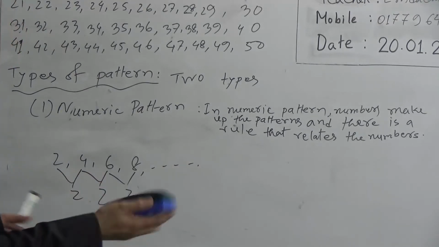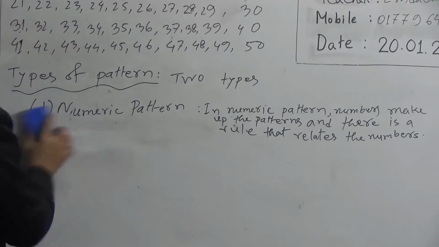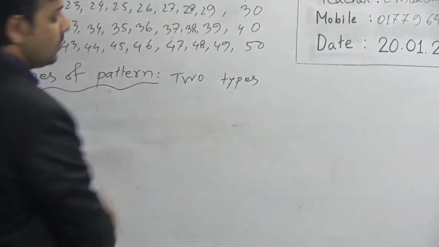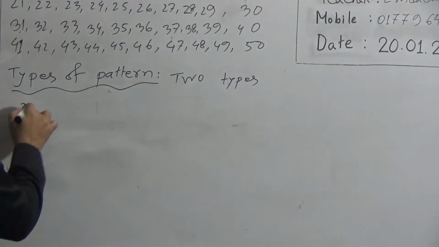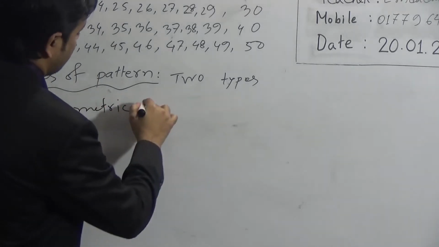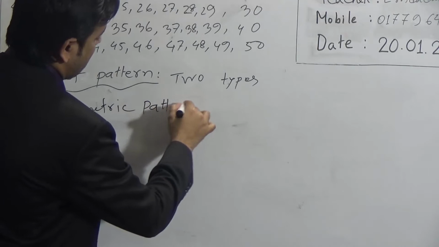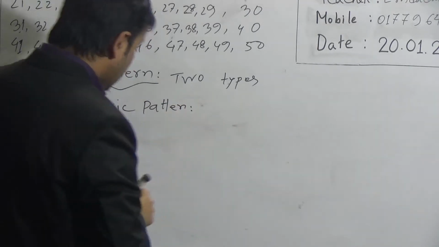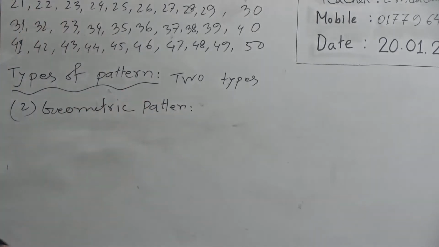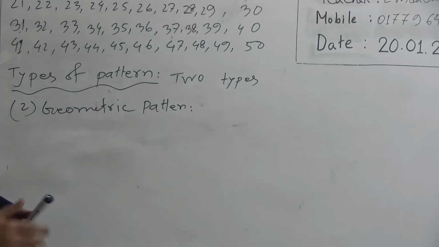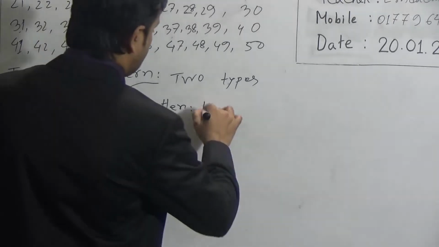Now see the geometric pattern. What is geometric pattern? In geometric pattern, objects are arranged in order according to a rule.